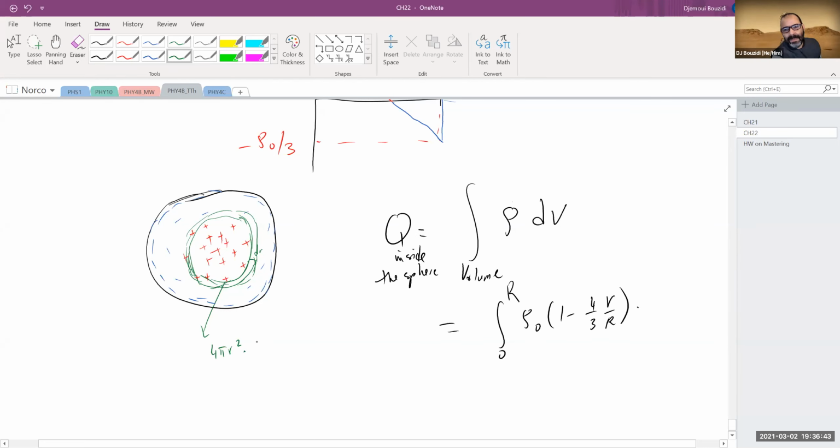The area of the sphere is 4 pi R squared, and the height is dr. So this is the element of volume dV, okay? If you're not convinced, just look at the volume of a sphere, which is 4/3 pi R cubed, and take its differential form, the derivative with respect to R, and you're going to find it's 4 pi R squared dr, because the cube and the 3 cancel. Do you guys see this? The element of volume being this expression or not?